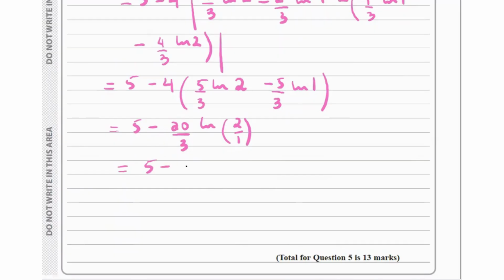So 5 minus 20 over 3 ln 2. That is your answer. First, I took the 5 over 3 common outside, so it became 20 over 3. Then ln 2 minus ln 1 is the same as ln of 2 divided by 1, which gave us ln 2. So the final answer becomes 5 minus 20 over 3 ln 2. That's the area of region R.